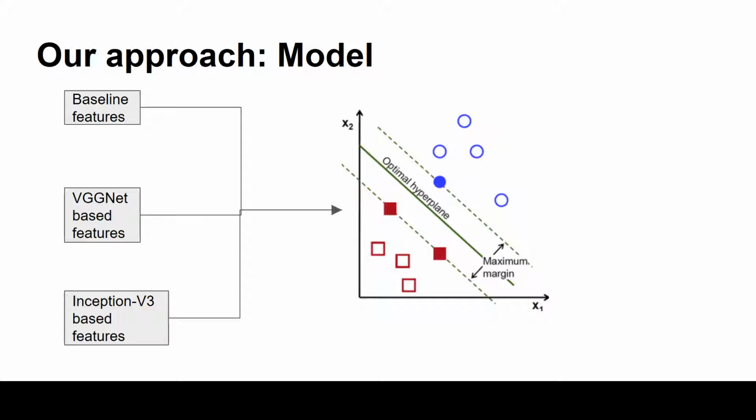The hyperparameters for this SVM classifier were tuned using cross-validation on the training set. So we did a tenfold cross-validation to choose the kernel and the box constraint value for the SVM classifier.